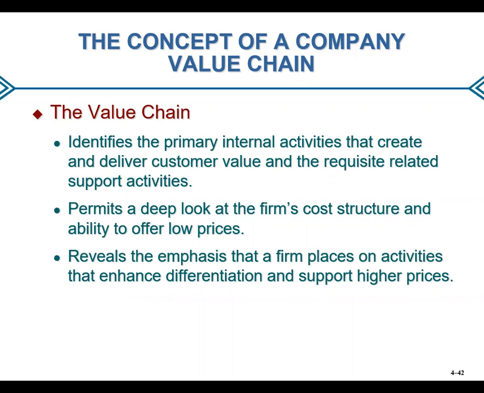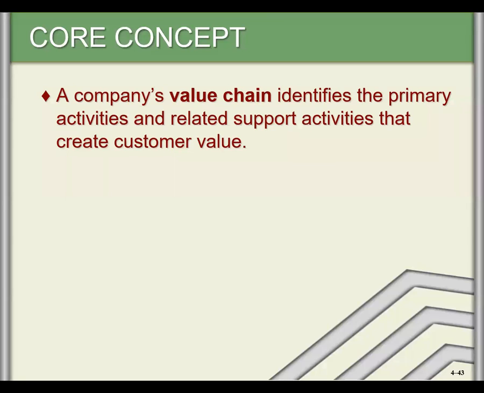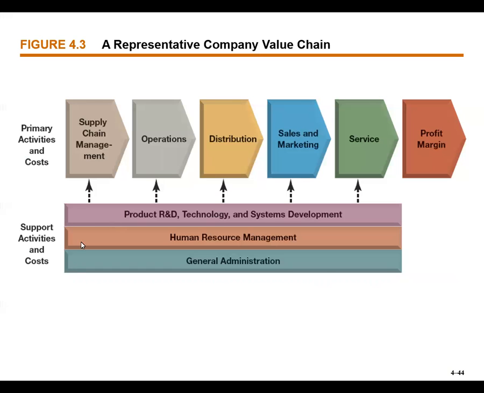Sometimes we can also look at the value chain activities. We can break it down. We have primary activities like supply chain management, operations, meaning the production, distribution, sales, marketing, service, and then we have the profit margin. And then we have the backstage, the support activities and cost. They don't face the clients directly. So it's like product R&D development, technology, system development.